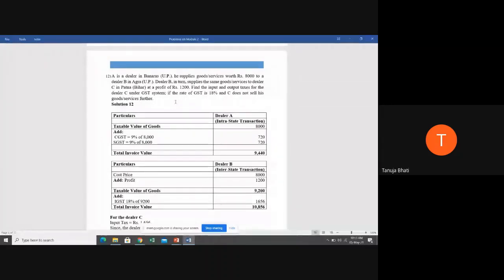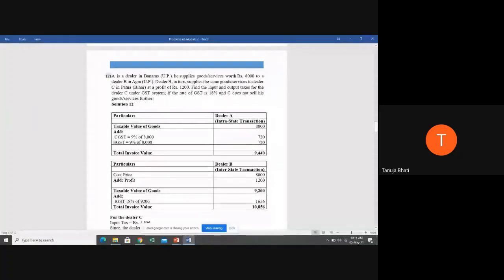So there are two types of taxes: output tax and input tax. Output tax is on your sales, input tax is on your purchases. The GST payable to the government will be the output tax minus the input tax, because input tax under GST becomes the credit to the supplier. So now let us begin with problem number 12.